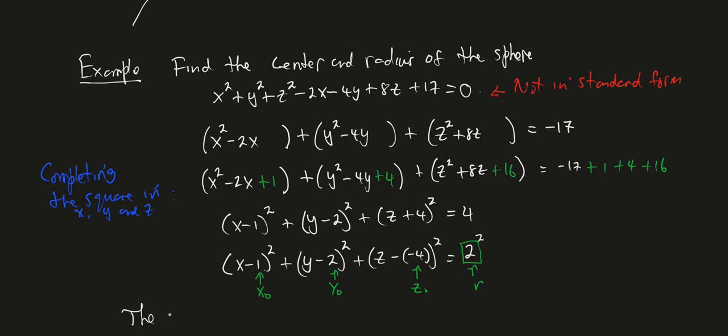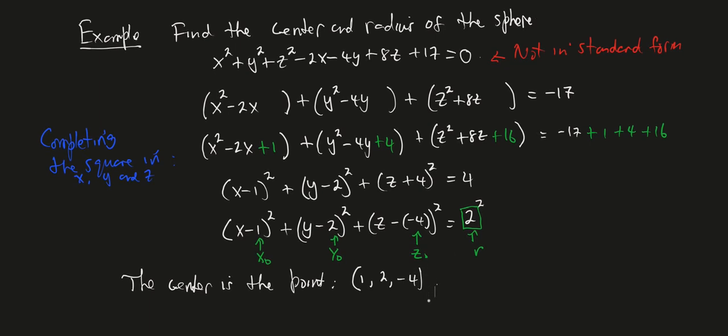So the center is the point 1, 2, negative 4, and the radius is 2.